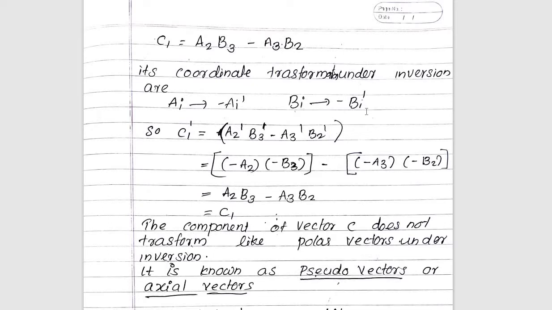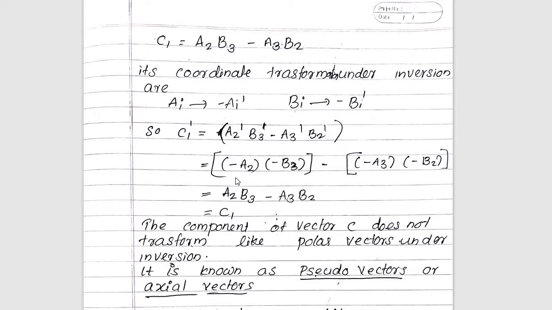So how will ci dash transform? We know that C1 is equal to A2 B3 minus A3 B2. Similarly, C1 dash is equal to A2 dash B3 dash minus A3 dash B2 dash.